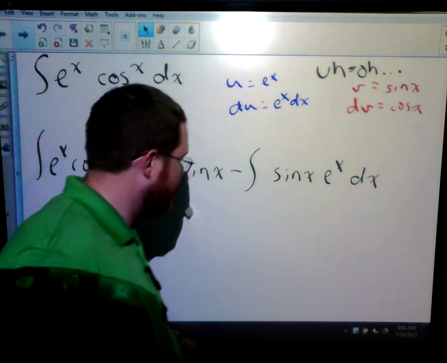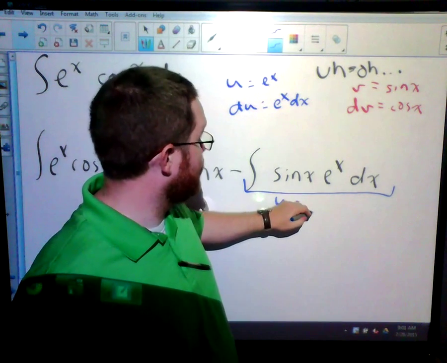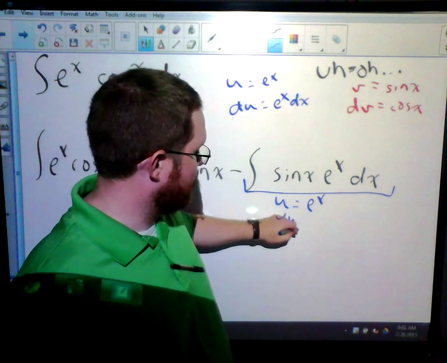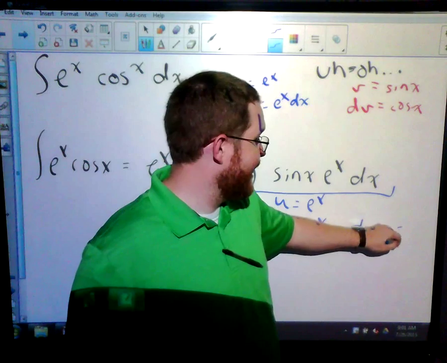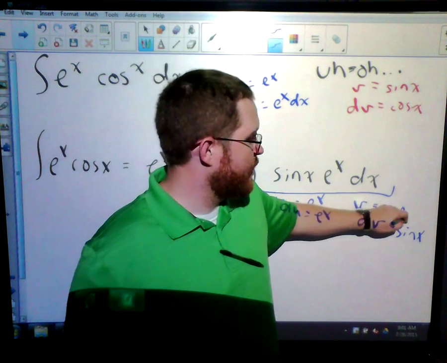So let's do integration by parts again. u is equal to e to the x, which makes du also e to the x. dv is sine x in this problem, which makes v negative cosine x.